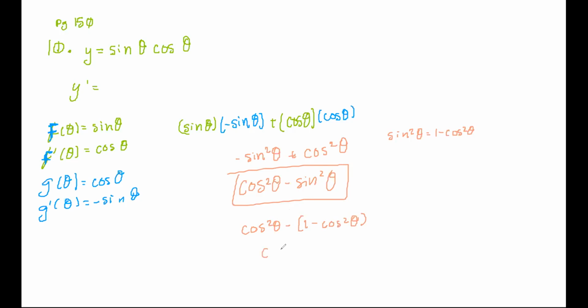We'll end up with cos squared theta minus 1 plus cos squared theta, or 2 cos squared theta minus 1, right? Because we have to distribute that negative sign. So it's not going to simplify anything out to use trig identities at this point. It's the same thing, but this is just easier because it's what you get to first.